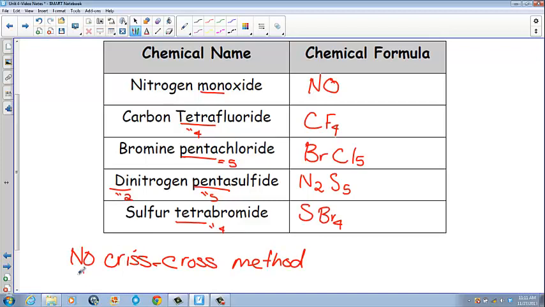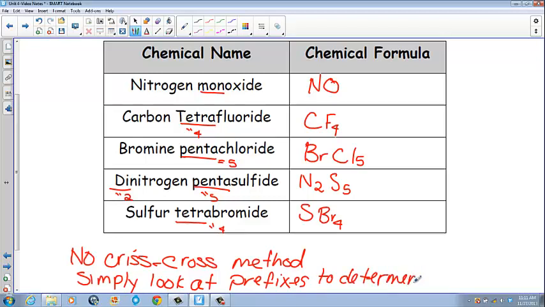Okay, simply look at prefixes to determine the subscript. Okay, so what I'd like you to do is try to do some more practice in your homework packets. So you would go to the next page for covalent compounds, naming, and writing formulas.